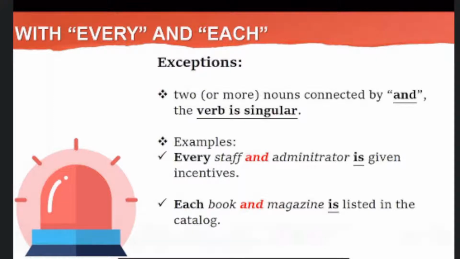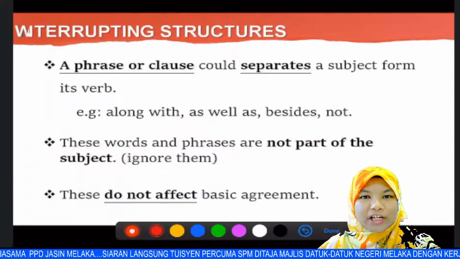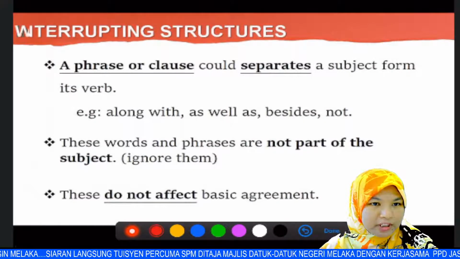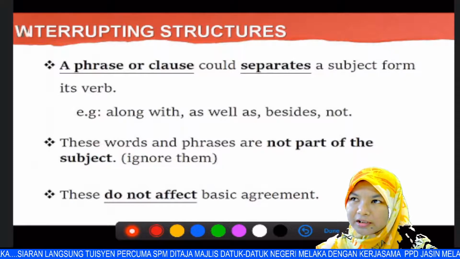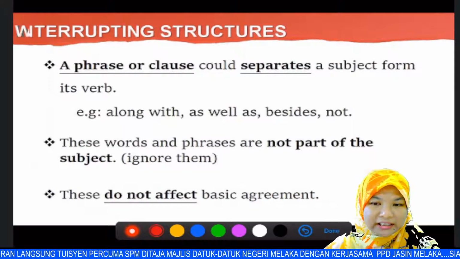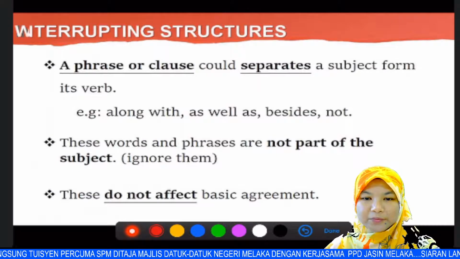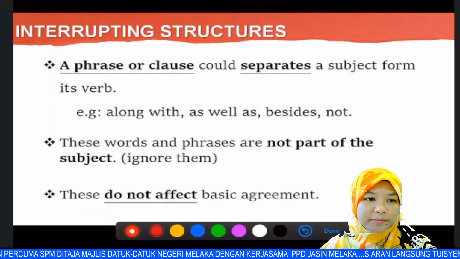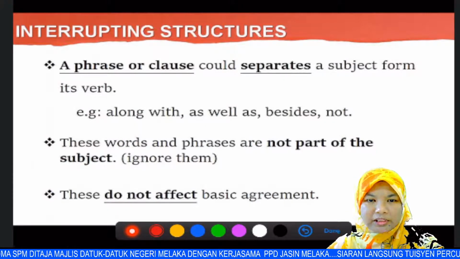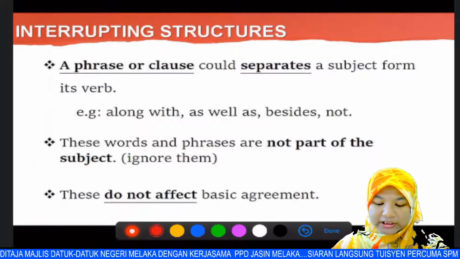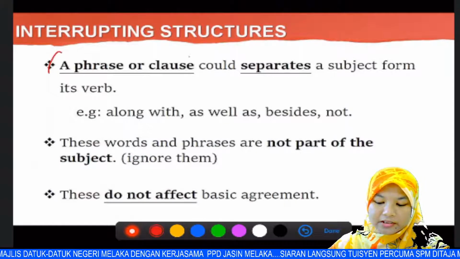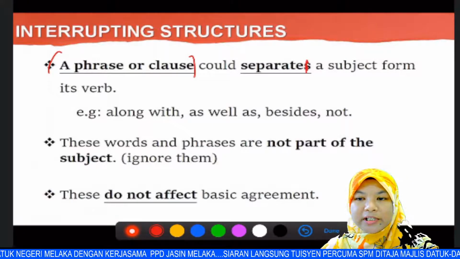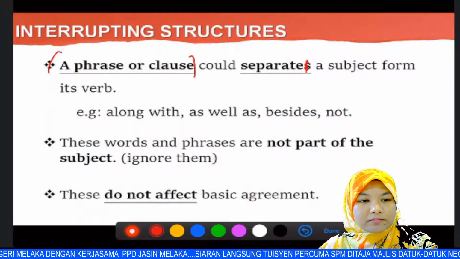Again, in English we also have interrupting structure. It's not only our life that is interrupted by distraction, but in language, basically in a sentence, we also have distractors or interrupting structures. An interrupting structure is a phrase or a clause which could separate a subject from its verb.